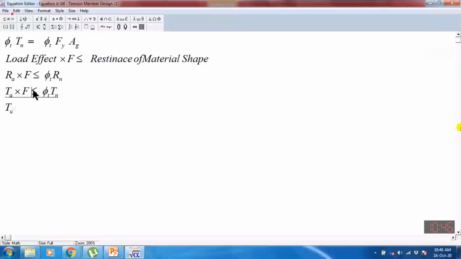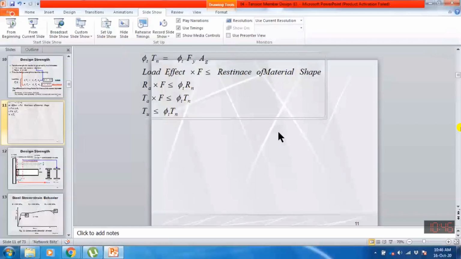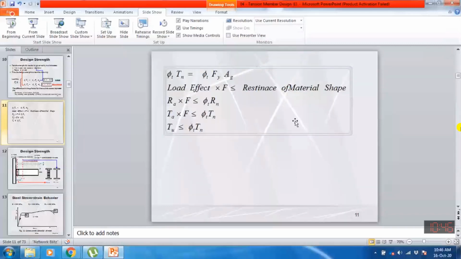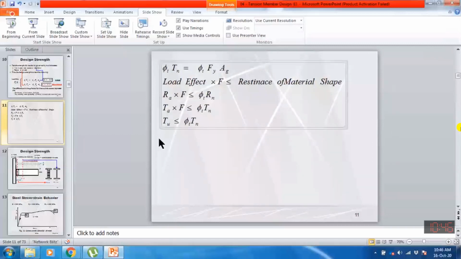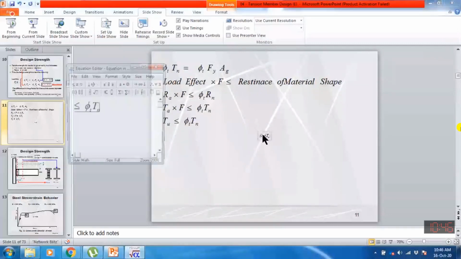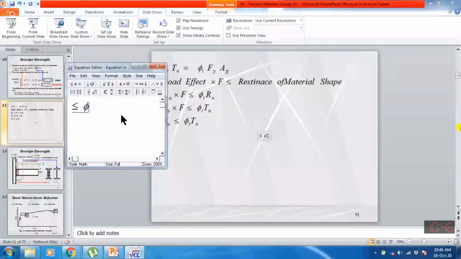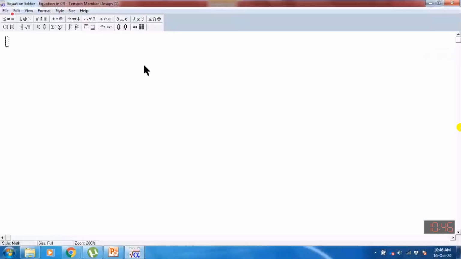So how to compute this capacity? I'm just writing this formula over here, or simply, so now in the next, how do we compute the capacity? We know that stress is equal to load or force over area.